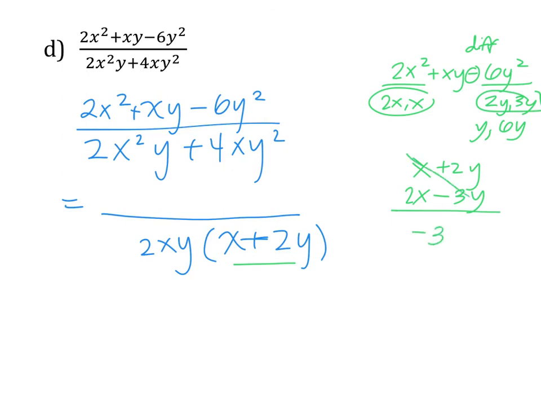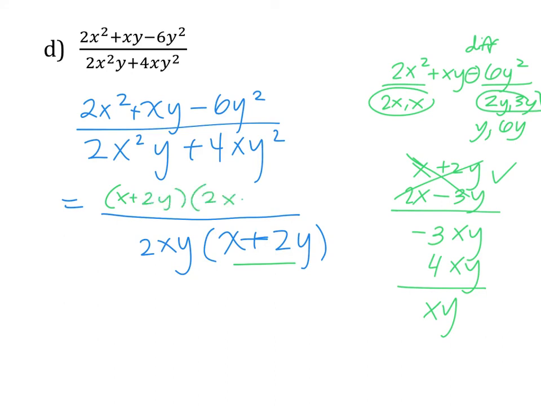We have negative 3xy. Then I have 4xy. Combining these, I'm left with 1xy. Since it's the same as my middle term, this is the correct factorization. So we have x plus 2y times 2x minus 3y.